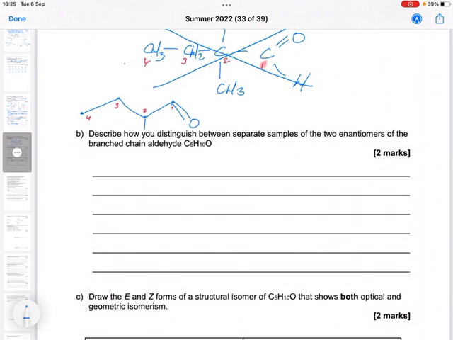Describe how I could distinguish between separate samples of the 2 enantiomers of the branched chain aldehyde. So I would use plane polarized light.